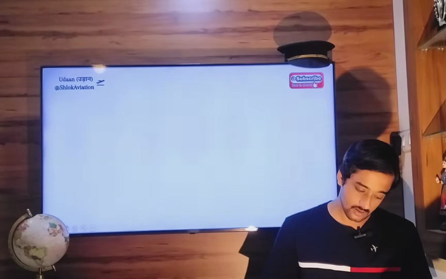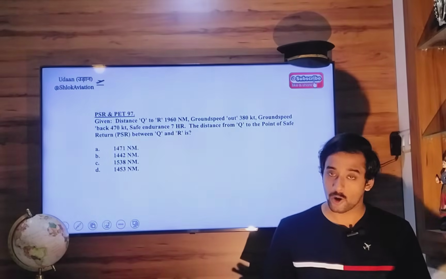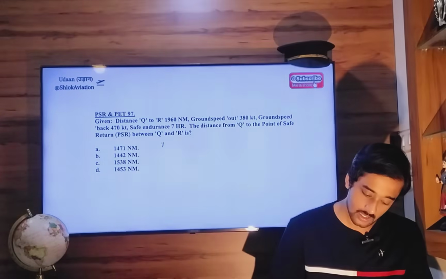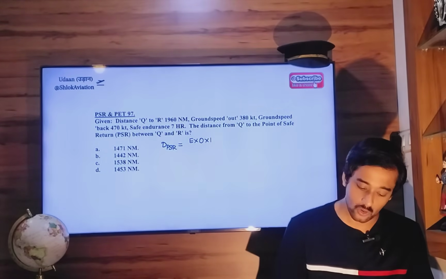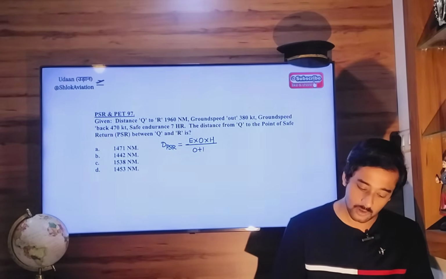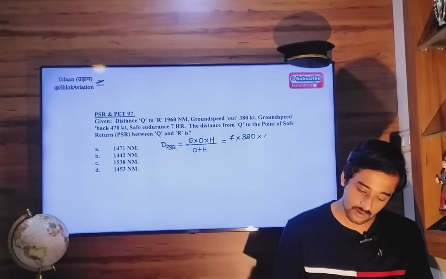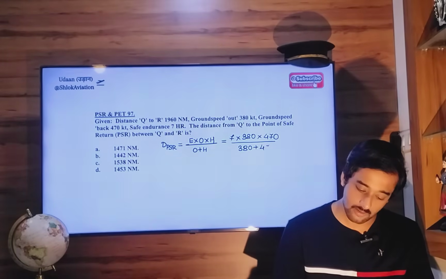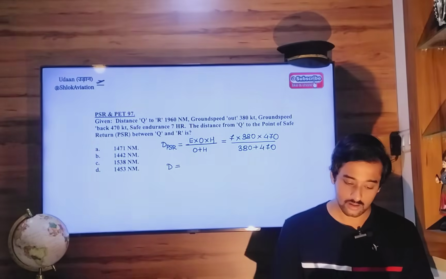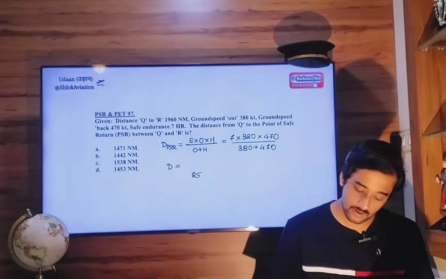97. What is the distance to the point of safe return? Formula based question. So distance to the point of safe return is endurance into outbound into homebound divided by outbound plus homebound. So endurance is 7 hours, outbound 380, homebound 470 divided by 380 plus 470. 380 plus 470 is 850.